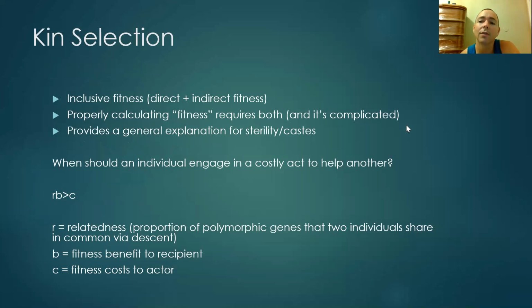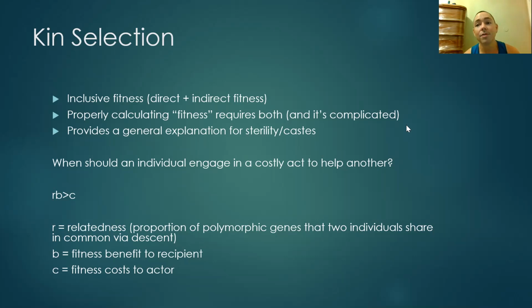So to properly calculate the amount of genetic material that you're transmitting into the next generation, you have to account for one, your direct reproductive output, and then two, your indirect reproductive output, i.e. the number of genetic copies you produce of your own genes via assisting kin relatives.